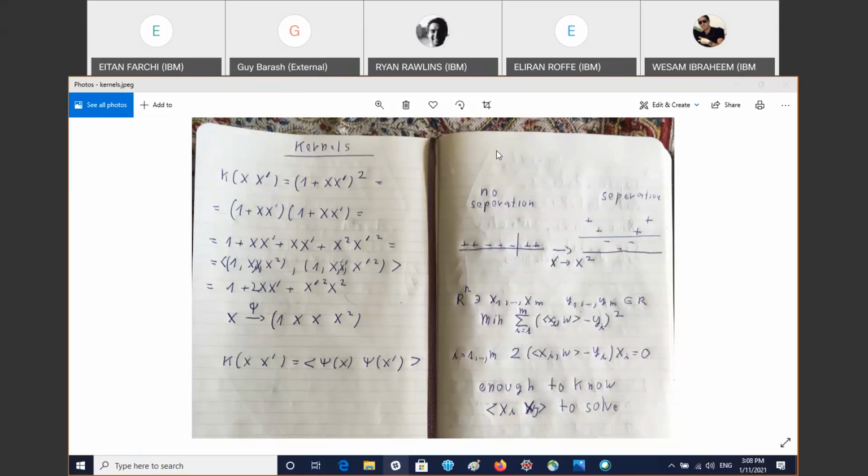So the idea of embedding points into a higher dimension in order to enable classification goes hand in hand with a way to compute it without explicitly computing in the high dimensional space. And that's the idea of the kernel that I want to cover today, how to do that. Any questions or comments up to now?